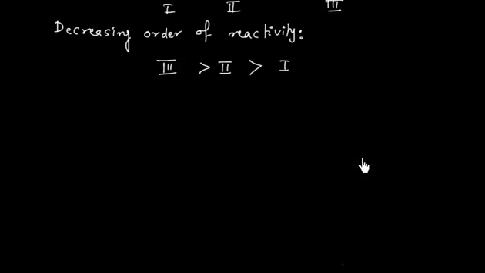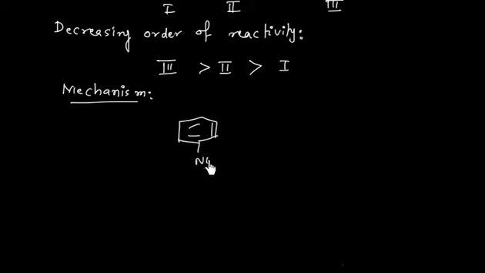So let us now summarize the mechanism of addition elimination again. First, if I have a nitro group attached at the ortho and para position, let us say X, or we can take Cl, and the nucleophile, let us say we have OH minus. In the first step we have the addition step.